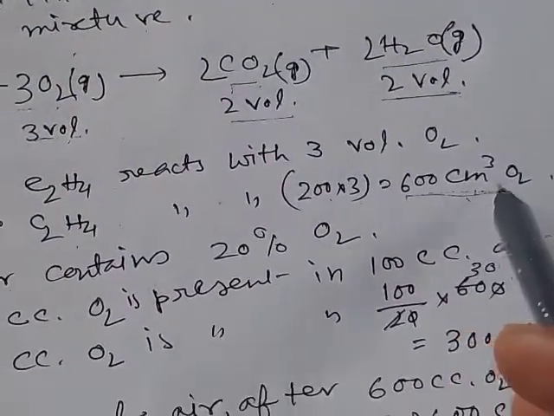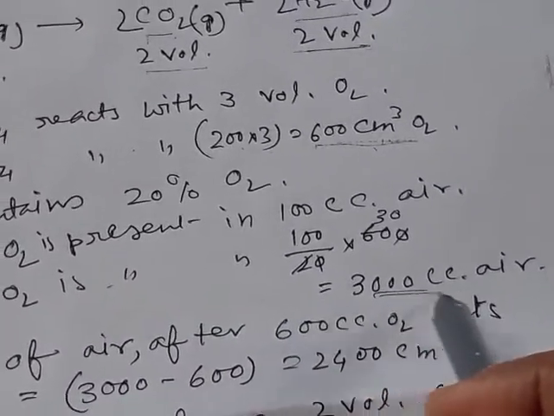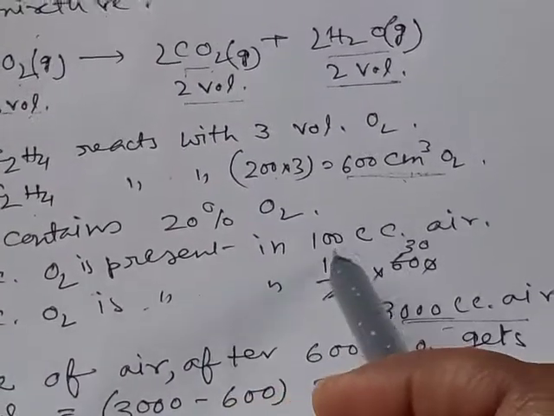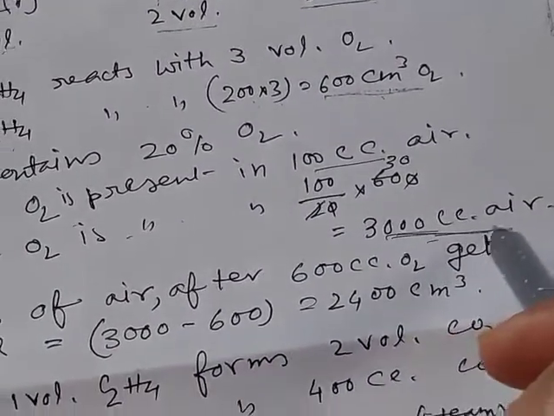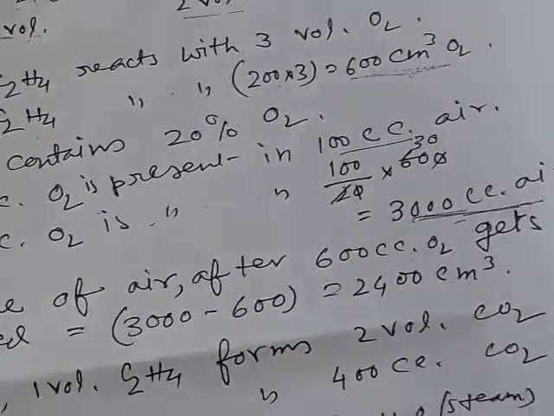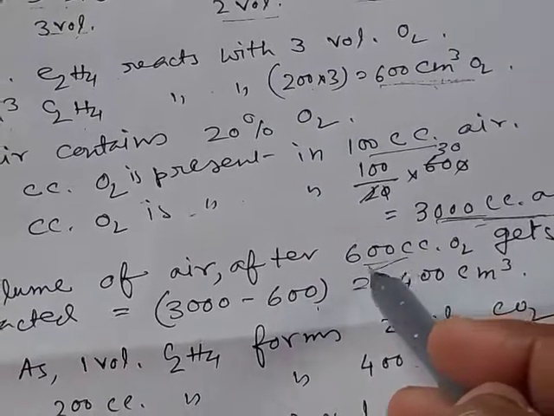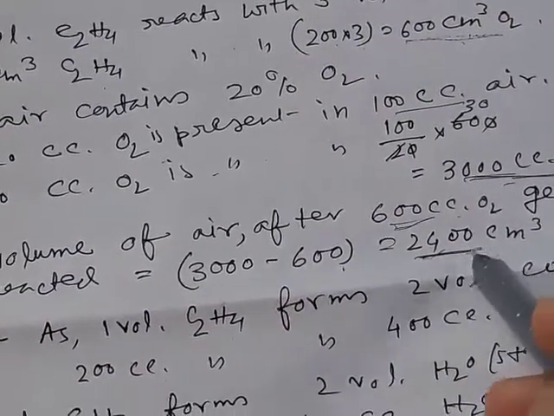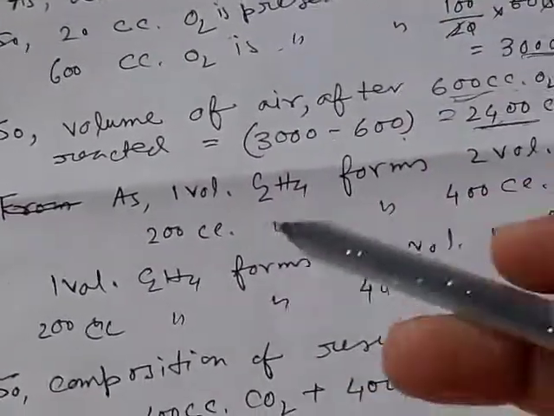So 600 cc oxygen will be contained in 3000 cc air, since 20 cc oxygen is present in 100 cc. So the air left is 3000 minus 600 after reaction of 600 cc oxygen. So 2400 cc air is left.